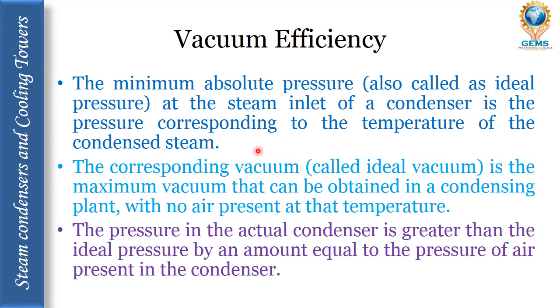The corresponding vacuum, called the ideal vacuum, is the maximum vacuum that can be obtained in a condensing plant with no air present at that temperature. So the pressure in the actual condenser is greater than the ideal pressure by an amount equal to the pressure of air present in the condenser.